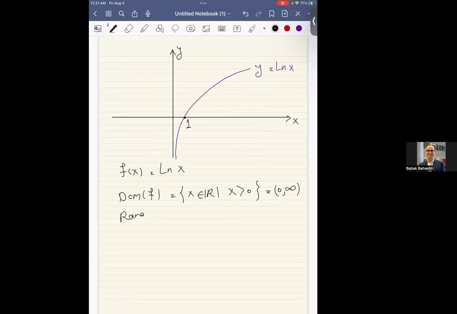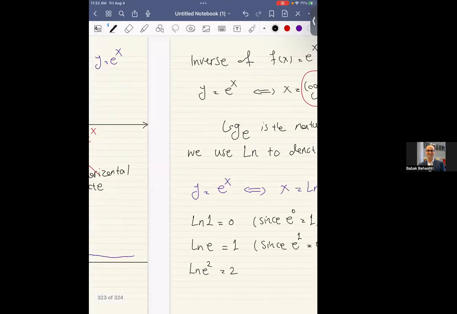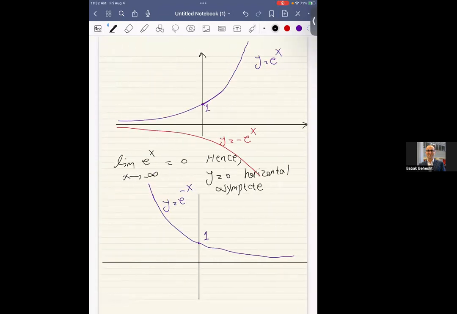So the range of f is all real numbers. And by the way, I didn't mention this, but as I said, it's similar to 2 to the power x. So the domain of e to the power x is all real numbers. The range of e to the power x is positive numbers, right?